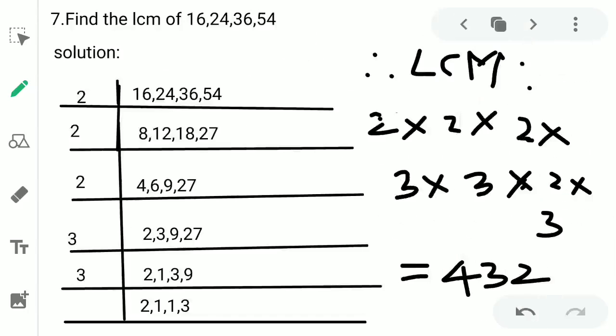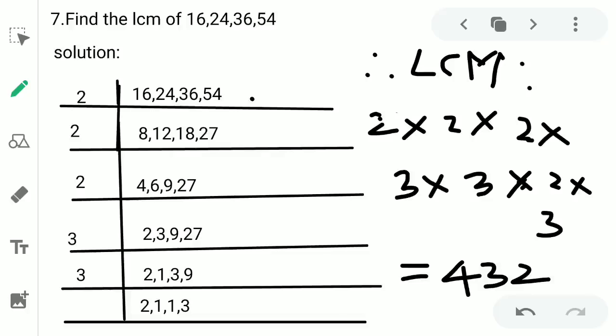Moving to the 7th question. Find the LCM of 16, 24, 36, 54. So when I take LCM for this, I am dividing in all these numbers.